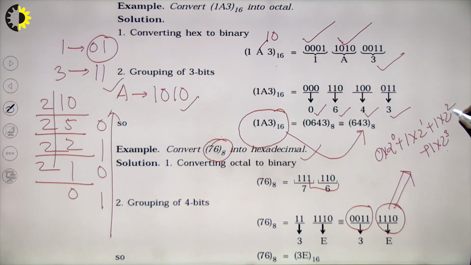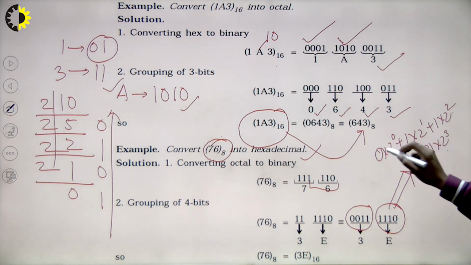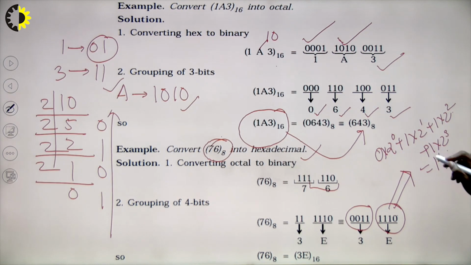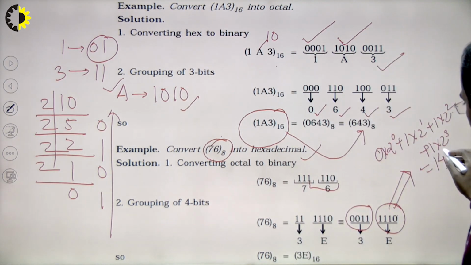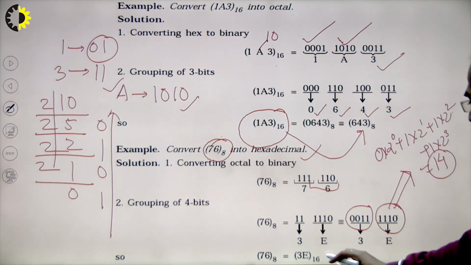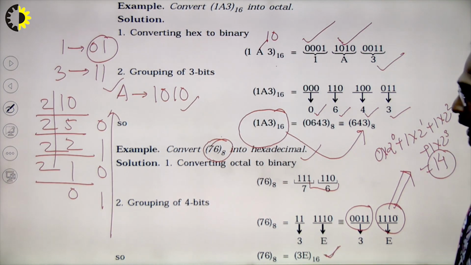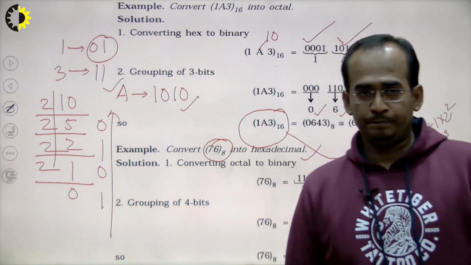So, 8 plus 4 is 12, 12 plus 2 is 14. So, this is equal to 14. As I told you, A represents 10, so 14 will be represented by E. So, the hexadecimal equivalent will be 3E at base 16.